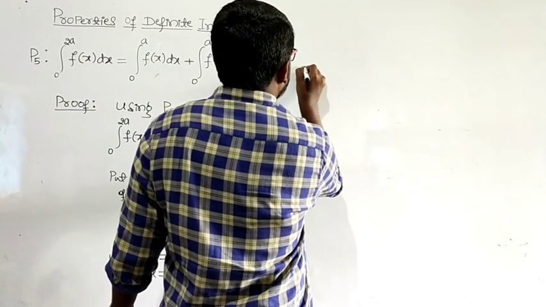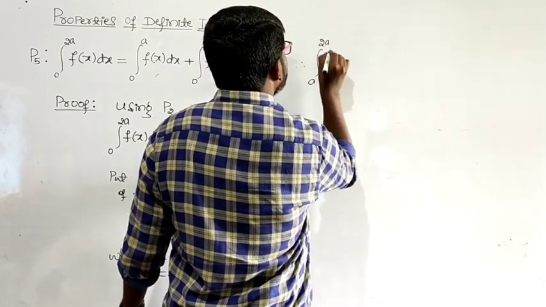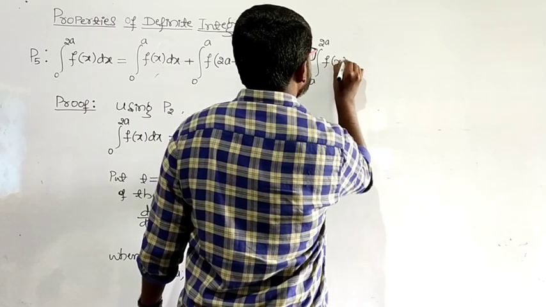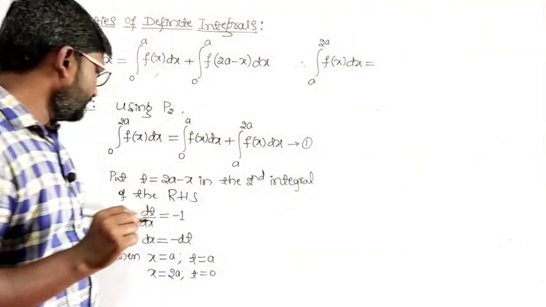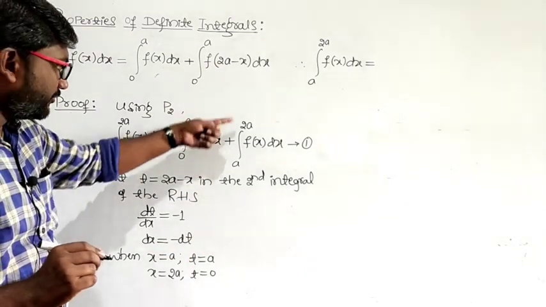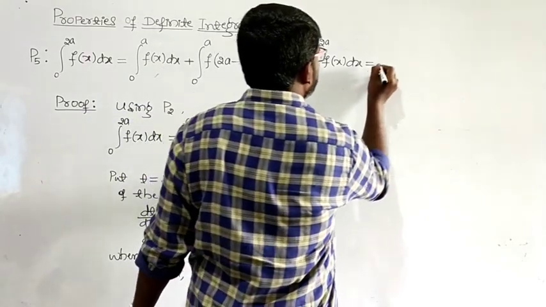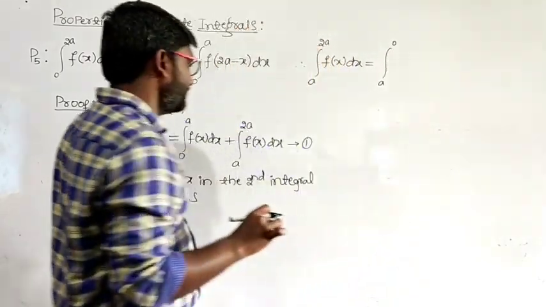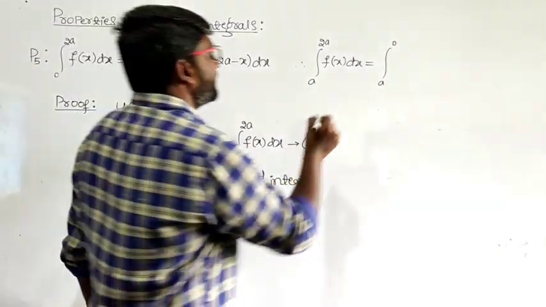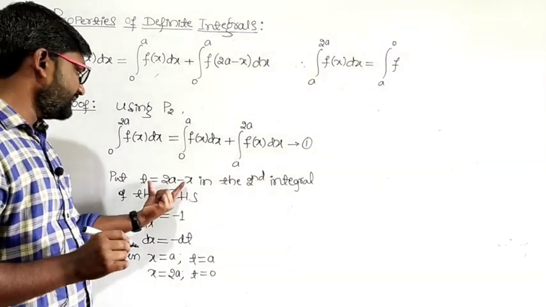So we have to rewrite this particular integral. Therefore, the integral from a to 2a of f of x dx equals, with the new limits a to 2a going to a to 0, f of, in place of x, what do we write?